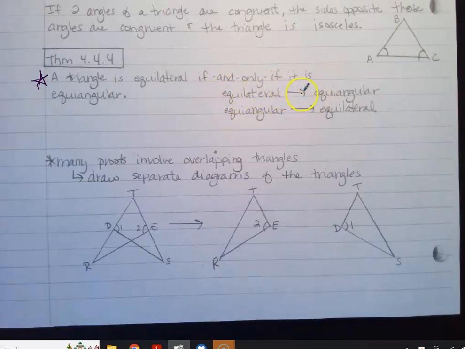Equilateral means it's equiangular. If it's equiangular, you can say it's also equilateral. What's the opposite of this angle? A, B, C. All three of them are equal, so it doesn't really matter. If all three angles are equal, all three sides have to be equal, and vice versa.